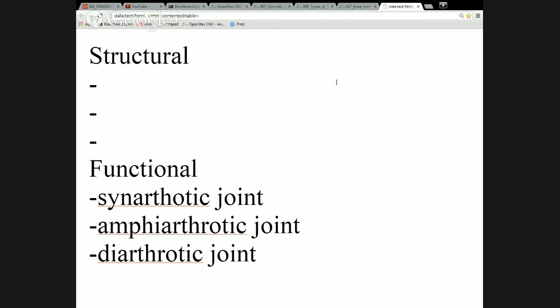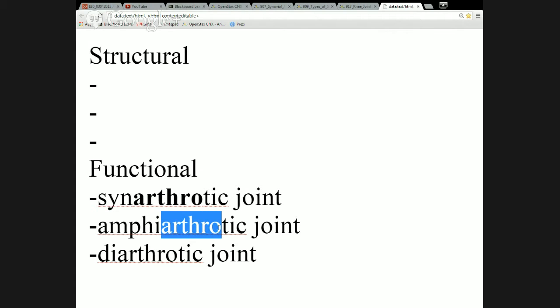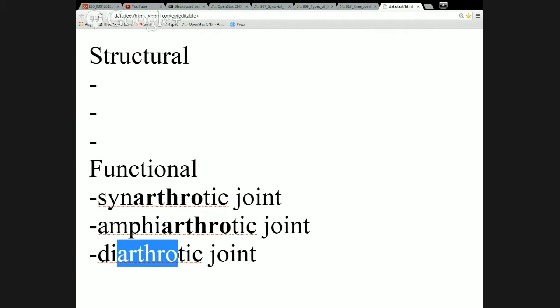Obviously, all of these have in common the root, arthro, which actually is the Greek root that means joint.